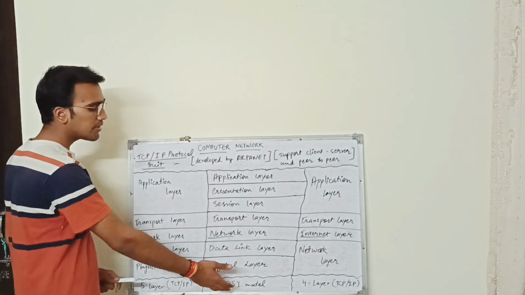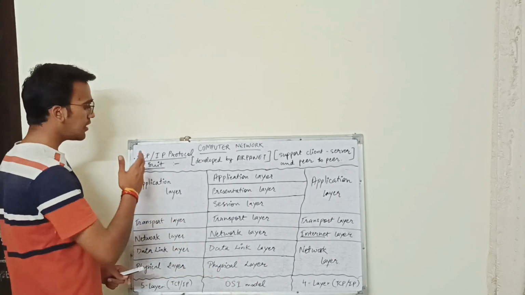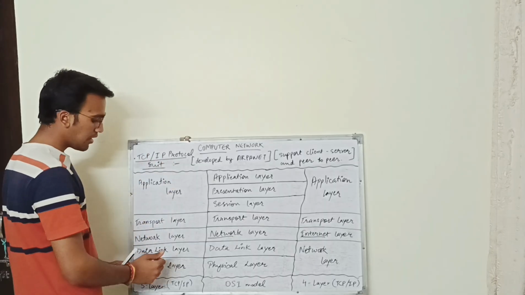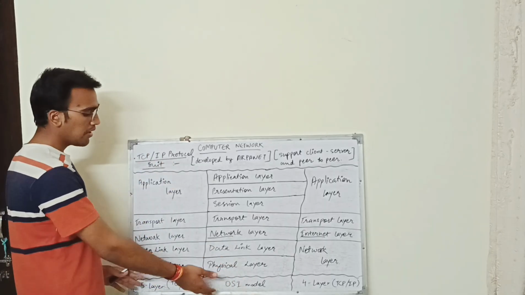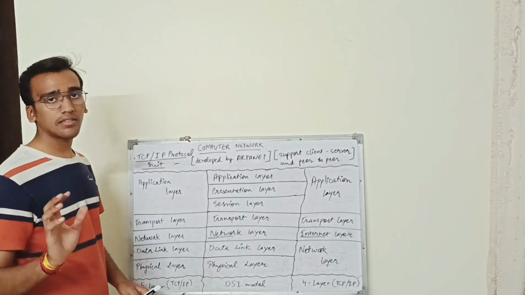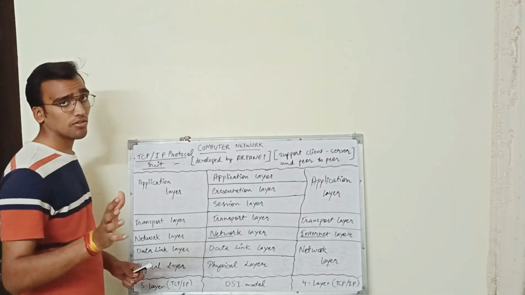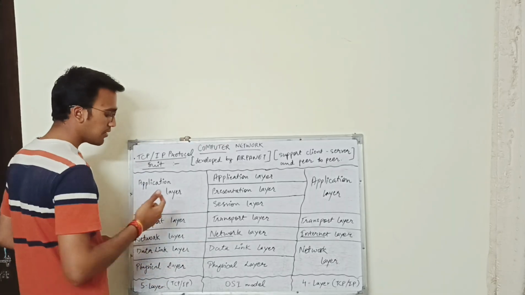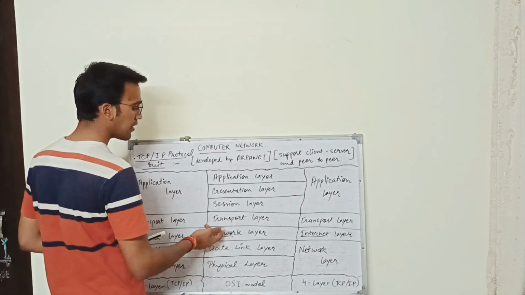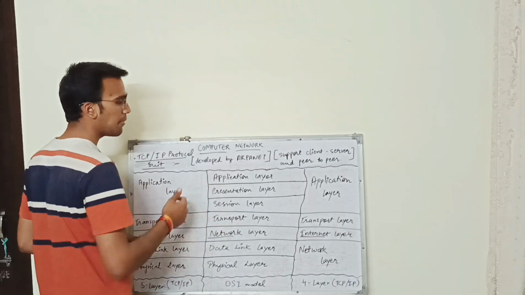The difference is that in TCP/IP there are 5 or 4 layers, but in the OSI model there are 7 layers. The 7 layers are physical layer, data link layer, network layer, transport layer, session layer, presentation layer, and application layer.